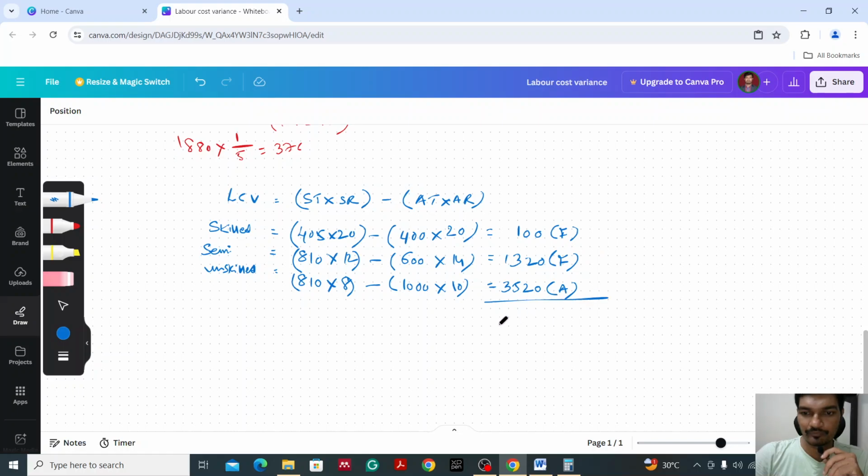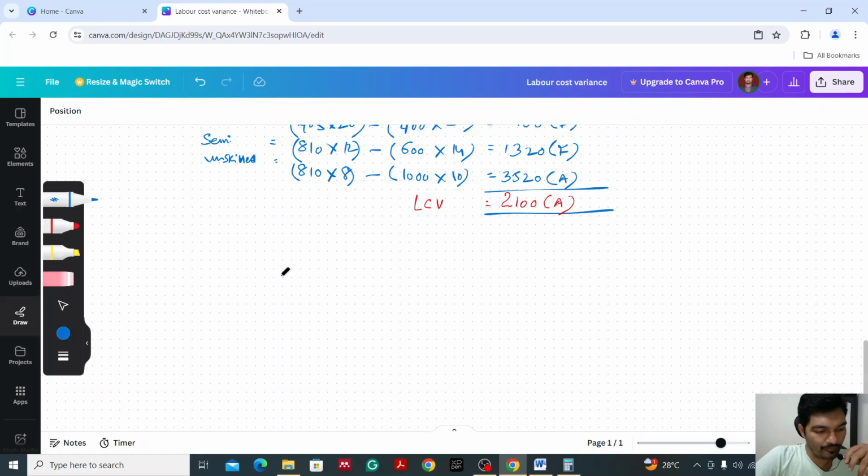Finally, for the total, because for a production unit, even though we have calculated the LCV separately for 3 categories of labor, we need to total it. The total LCV here is 2100 in adverse, negative.